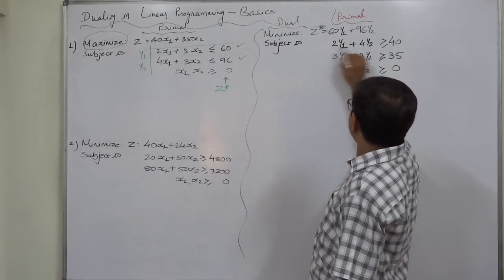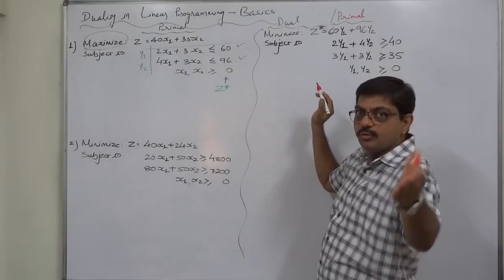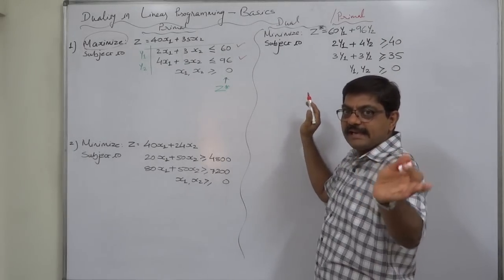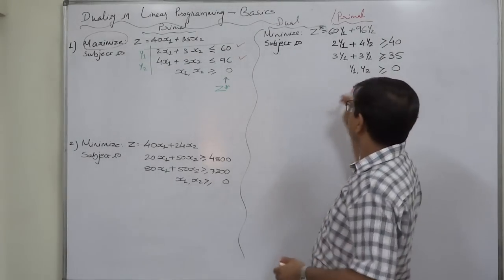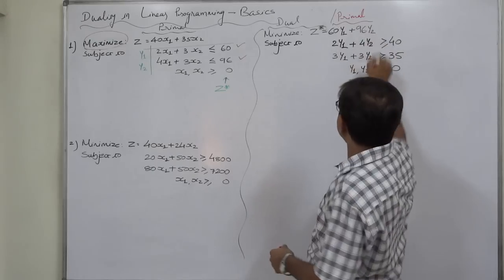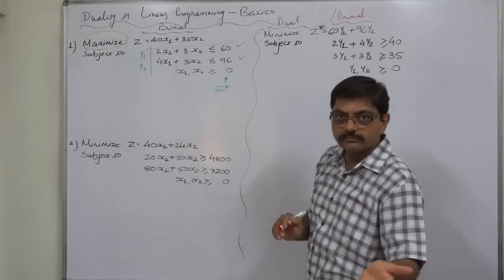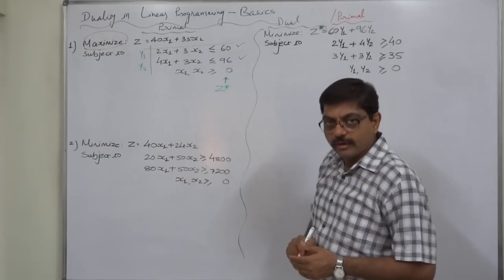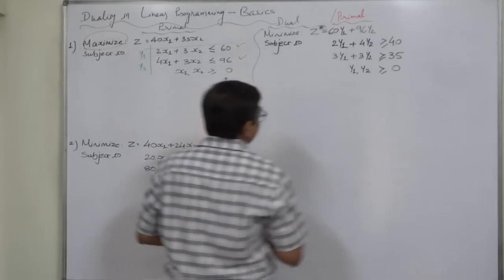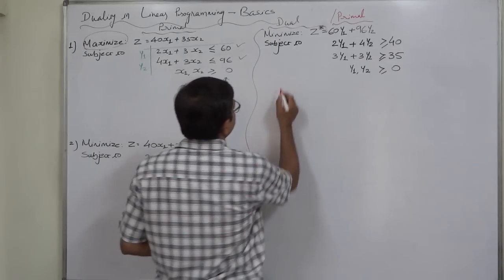There are two constraints, so there will be two decision variables in its dual. There are two decision variables in this primal, so there will be two constraints in its dual. Okay, let us write the dual of this dual.